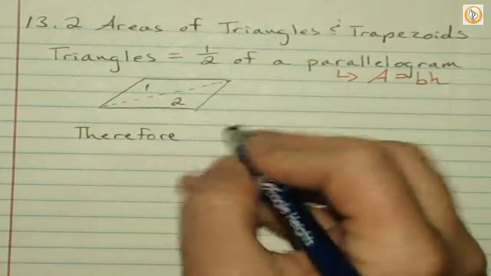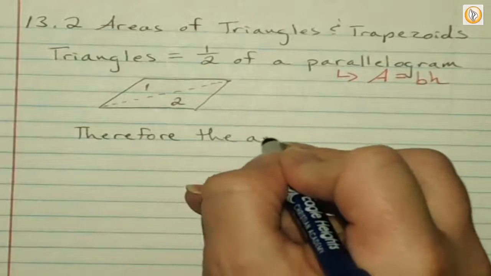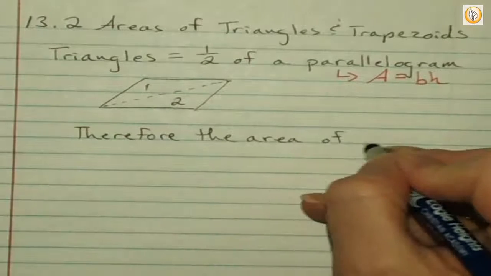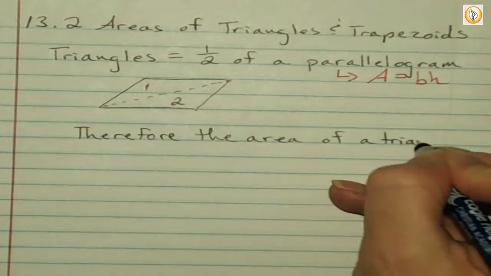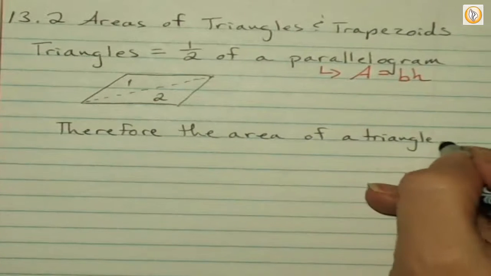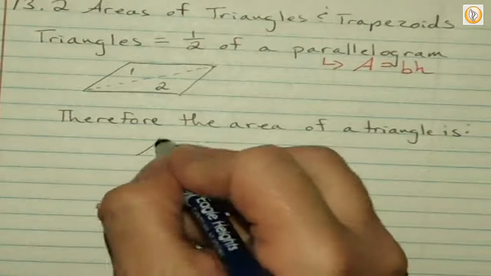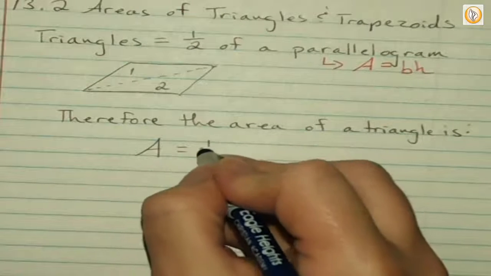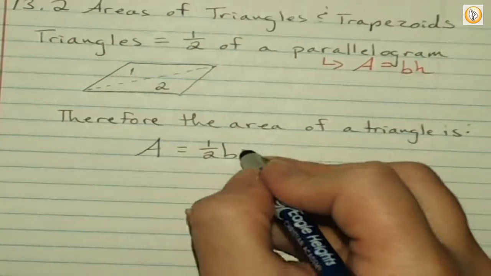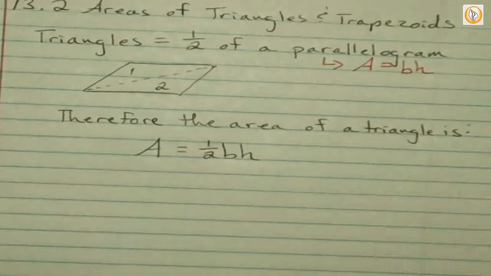Therefore, the area of a triangle is area equals half base times height.